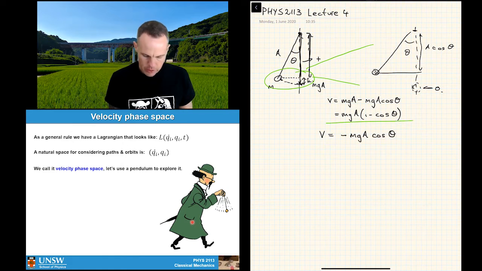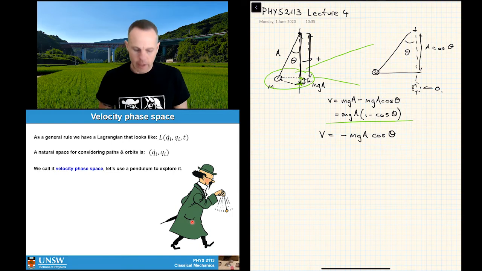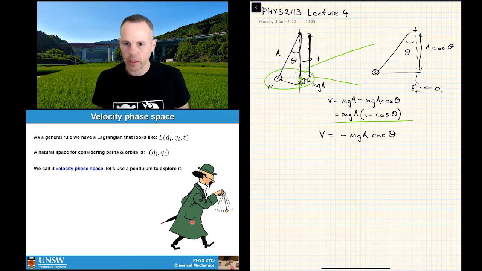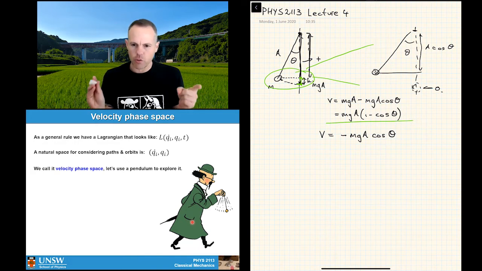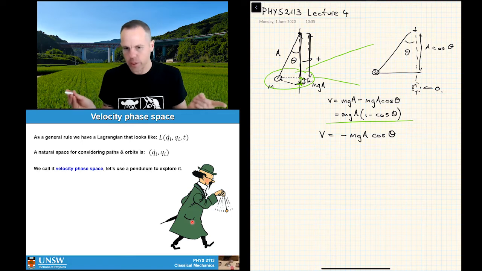So what we'll be doing is calling this position 0 and then just turning our height up, and our height is going to be given by that expression there. There's another way to see this, which is that the Lagrangian has terms in it, and we never actually use the Lagrangian itself. Whenever we deal with the Euler-Lagrange equation, we're always dealing with derivatives of the Lagrangian, whether with respect to x or x dot or whatever, right?